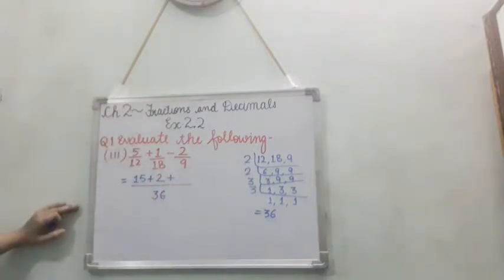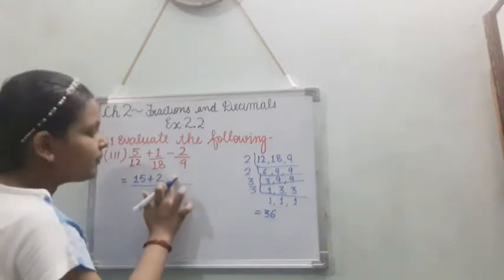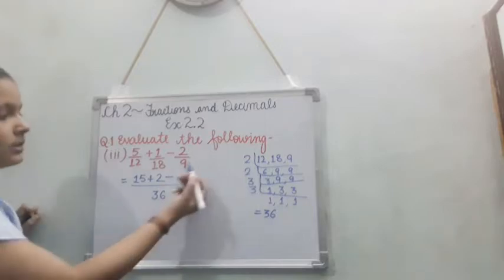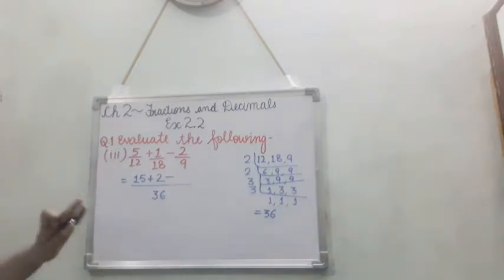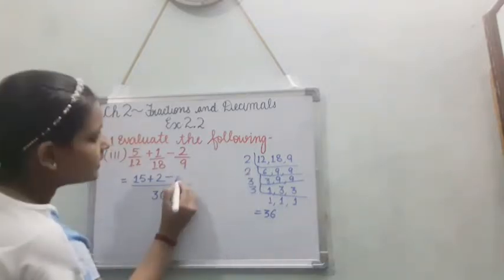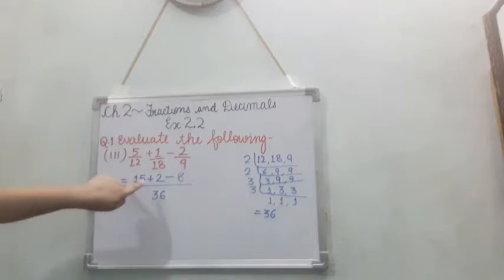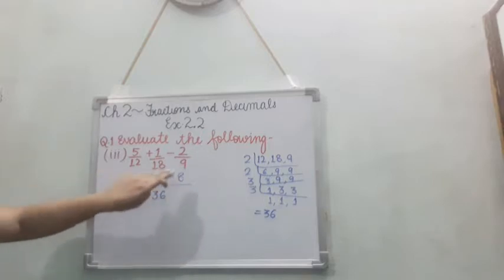Minus, the sign of minus is there. Now after that 36 divided by 9 is 4, and 4 into 2 is 8. Now according to the BODMAS rule, firstly we will add these two numbers and then after that we will subtract.